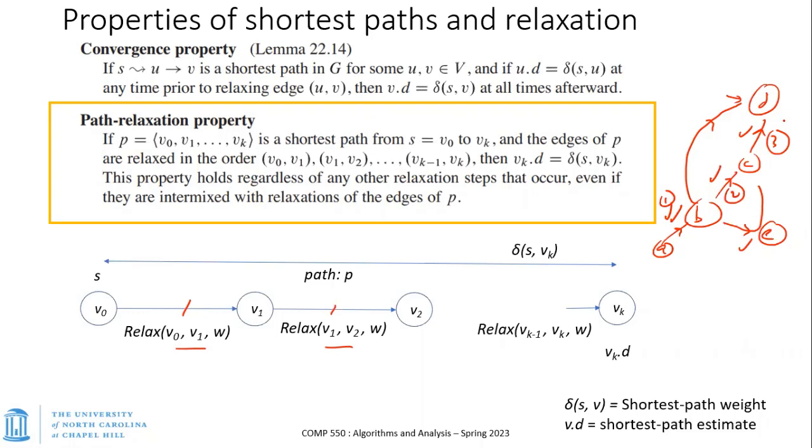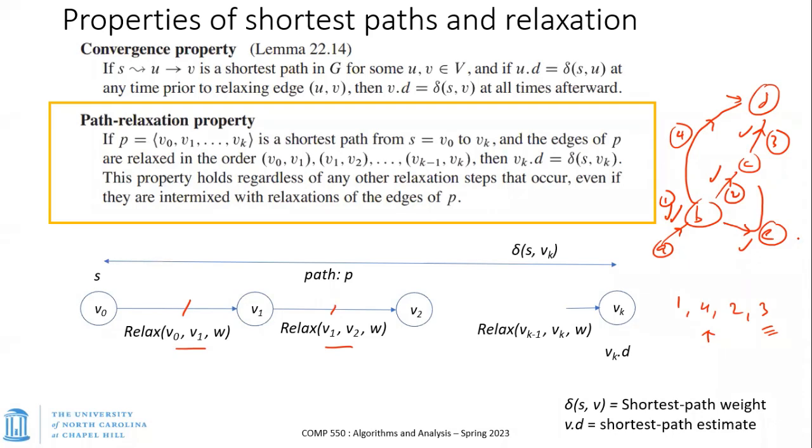Now, if you happen to relax edge 1 and then edge 4 in between, and then edge 2 and then edge 3, you've got an extra step over here. But once you relax edge 3, the estimate at D is going to be the shortest path weight. You've just done some extra steps, and that doesn't change anything. All right.